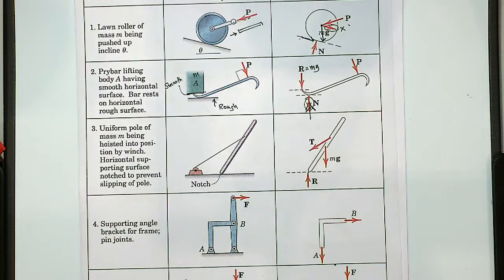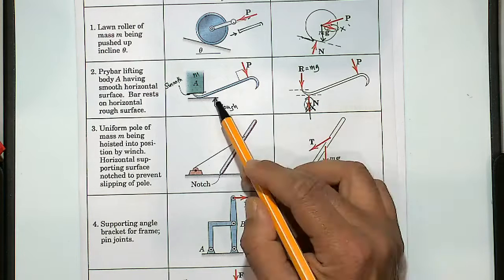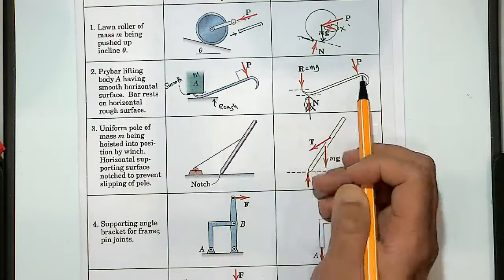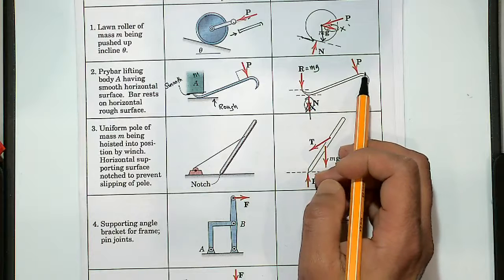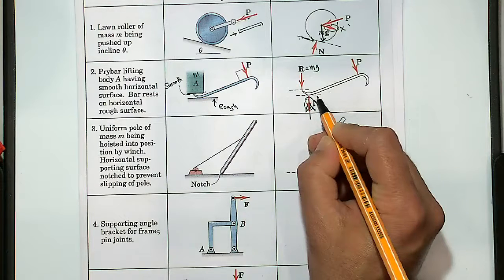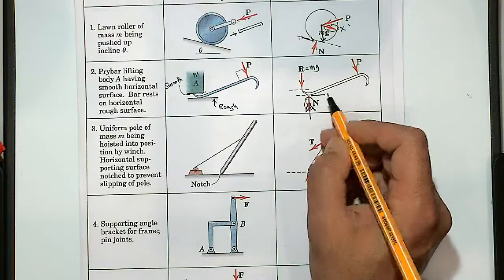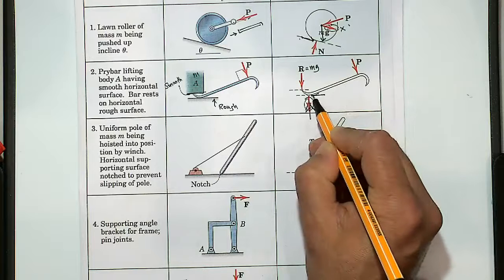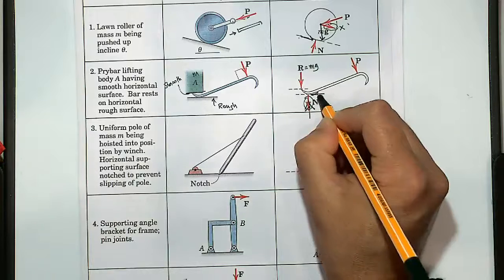And then, of course, you can see there is a possibility of friction here. You can see this P is inclined towards the right, so possibly a friction force would act in the opposite direction of this, which is in this direction. So a friction force would act in this direction.